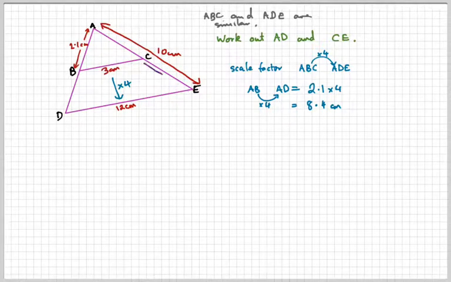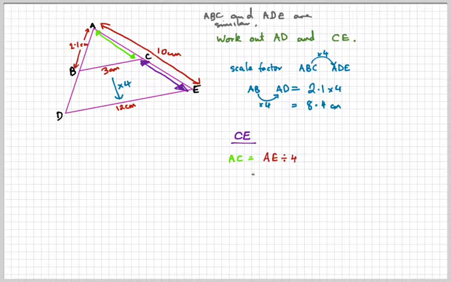Let's go back a bit. Right, now we're looking for this side, CE. So maybe pause the video if you haven't worked out CE already and do it yourself. Okay, so CE. What do we know about CE? Well, we don't know much about CE yet, but what we could say is that to get from AE to AC, I might divide by 4.